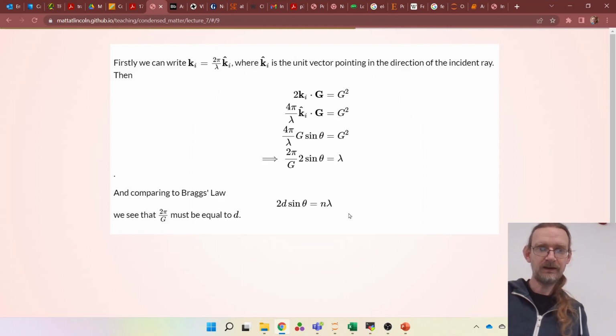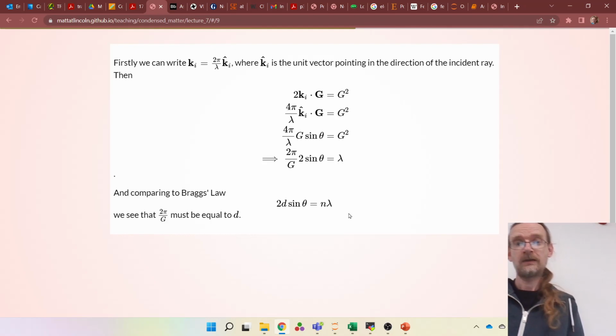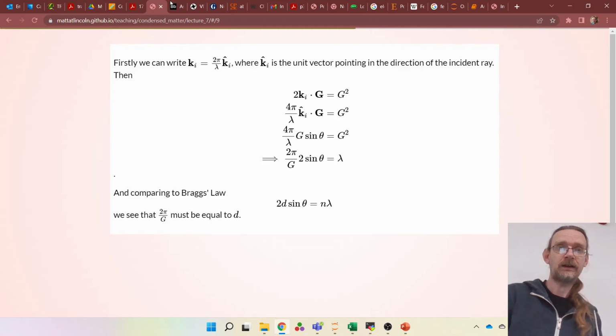So verbally, sine squared theta is going to be equal to lambda squared times the length of g squared, with a 4 pi squared on the bottom, something like that.